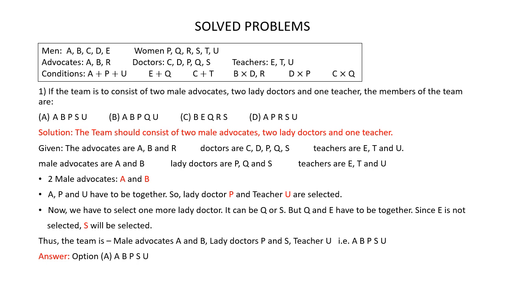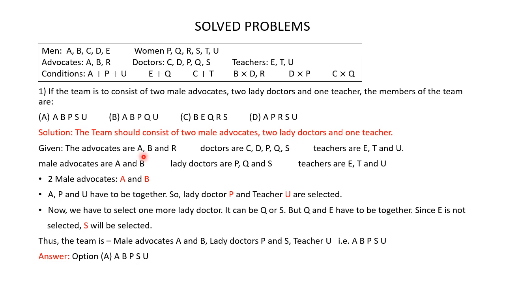Now, according to the information given, we know that the advocates are A, B and R. The doctors are C, D, P, Q and S. The teachers are E, T and U. Now here in the question it's given that we need male advocates, lady doctors and 1 teacher.